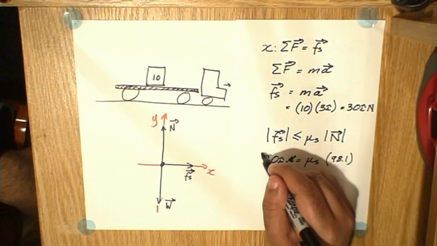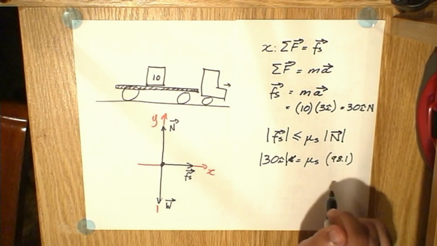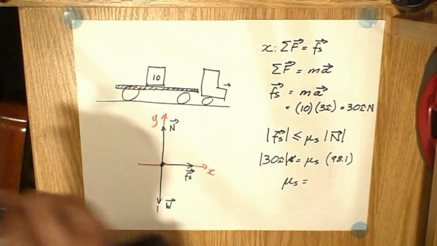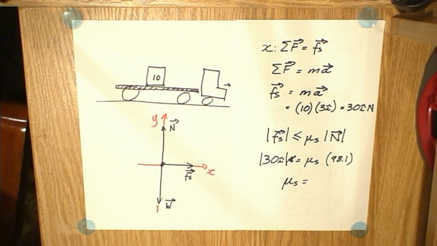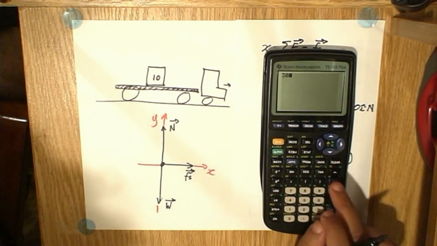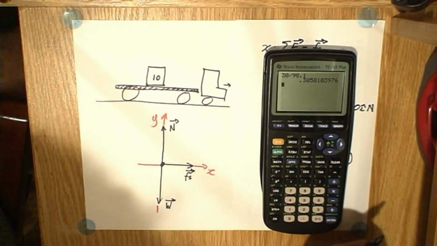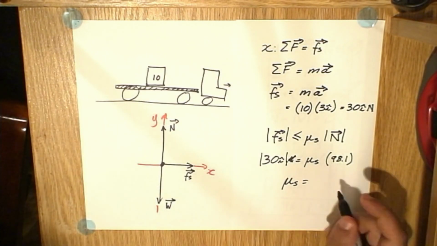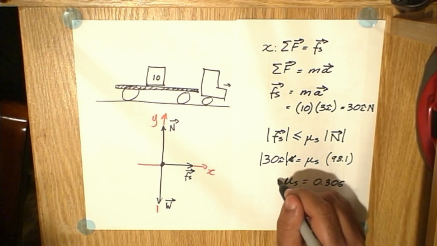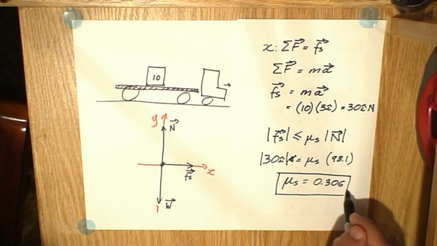And since this is a scalar equation, I don't really need to bother with the i-hat or the j-hat. The last step then is to divide both sides by 98.1, and that's going to give me mu sub s. So 30 divided by 98.1 equals 0.306. So 0.306, that is the coefficient of static friction.